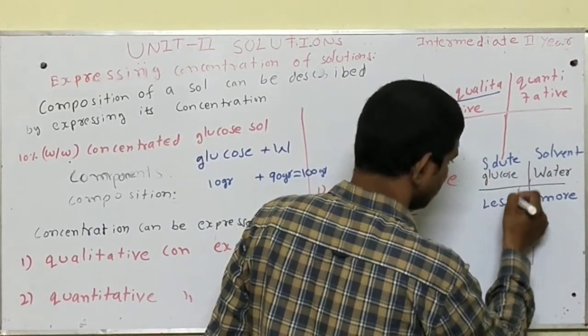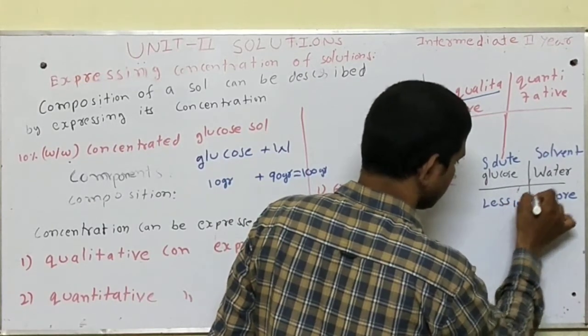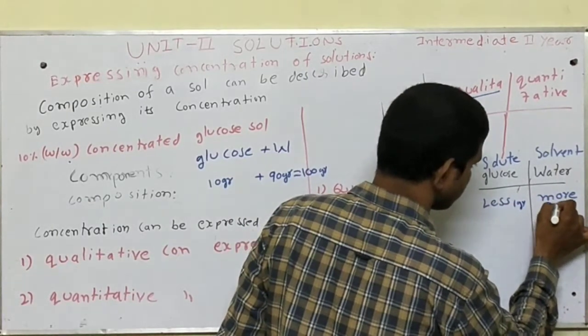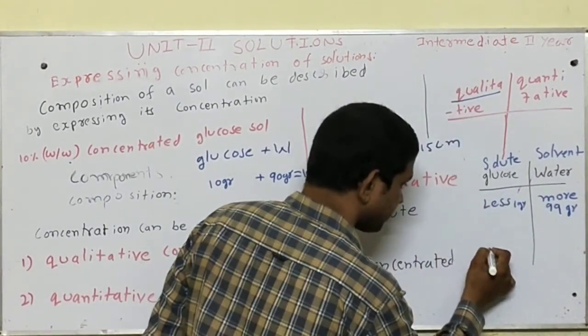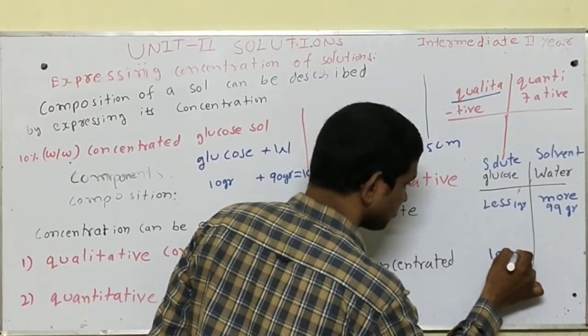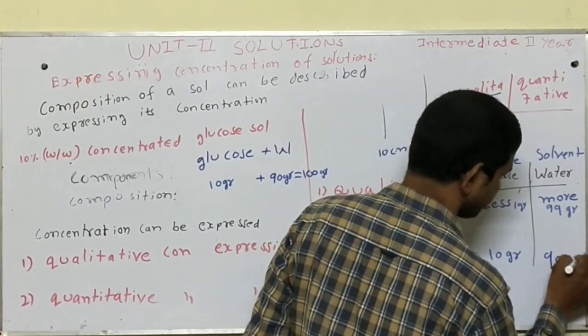See example, if I take here 1 gram of glucose and 99 grams of water, and here it may be 10 grams of glucose and 90 grams of water.